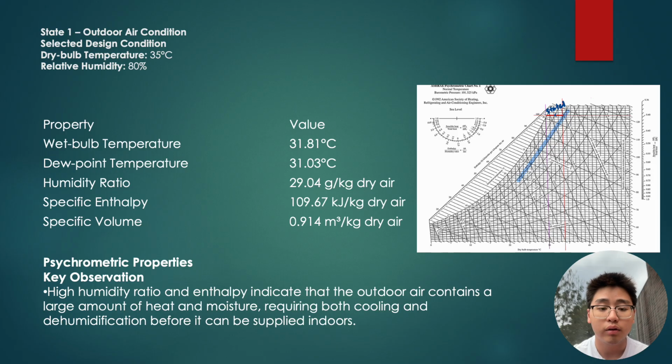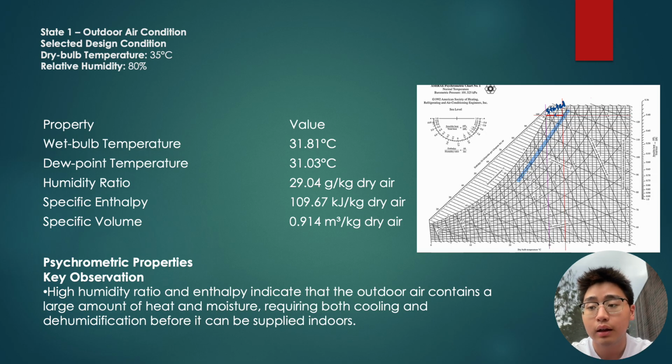State 1 represents the outdoor air entering the air handling unit. The selected outdoor condition is 35 degrees Celsius with 80% relative humidity, representing a typical hot and humid tropical climate.